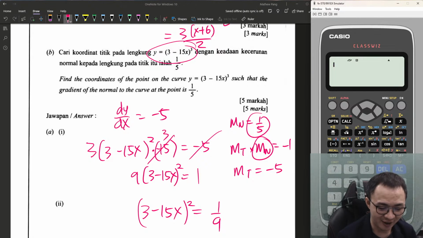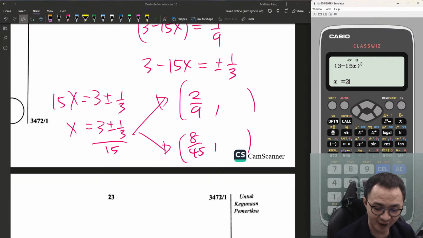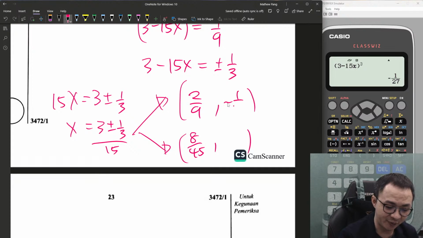I play some cheat. I will use the calculate function. Brackets 3 minus 15 x, power of 3. Then I'll use the calculate button. What is my x value now? My x value is 2 over 9, right?